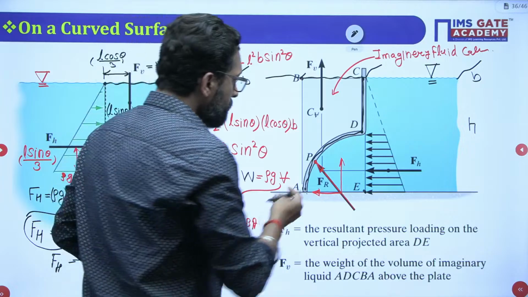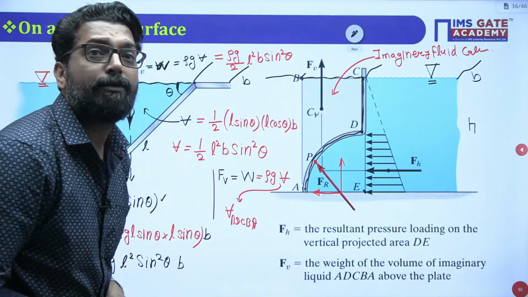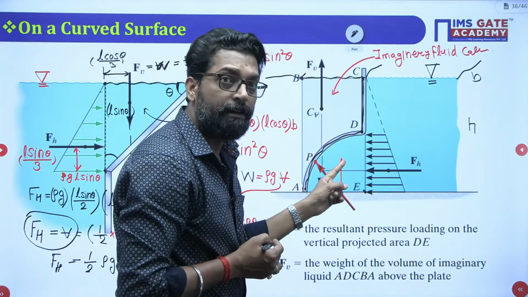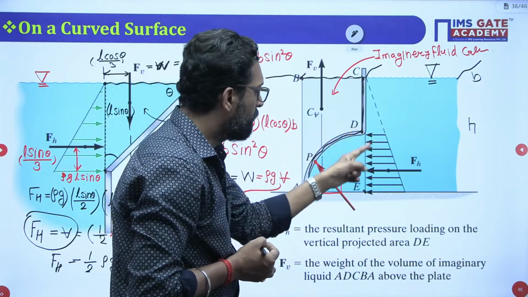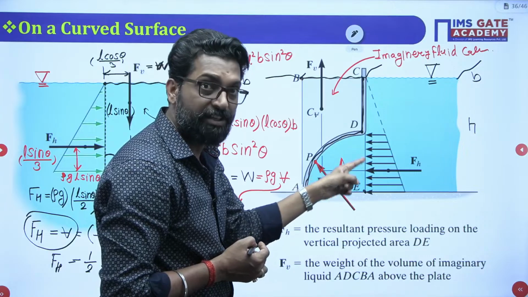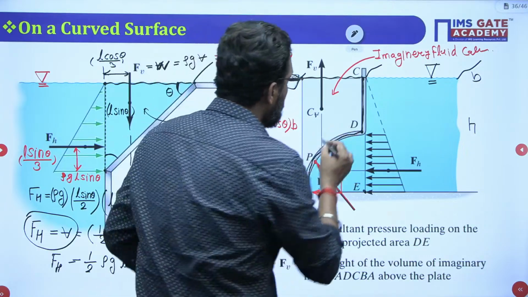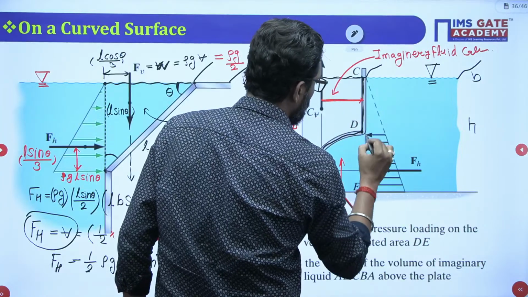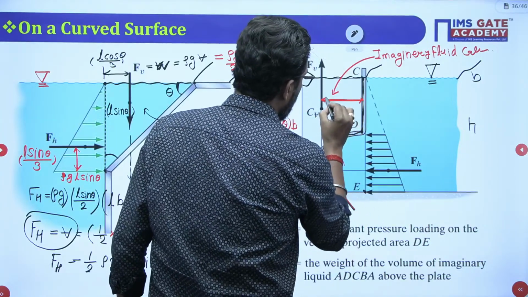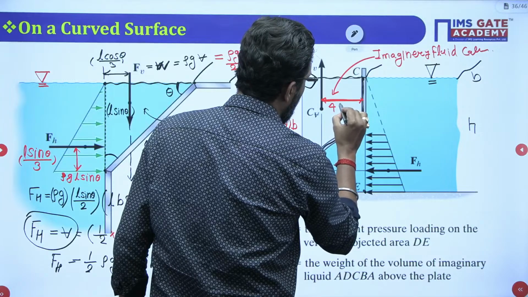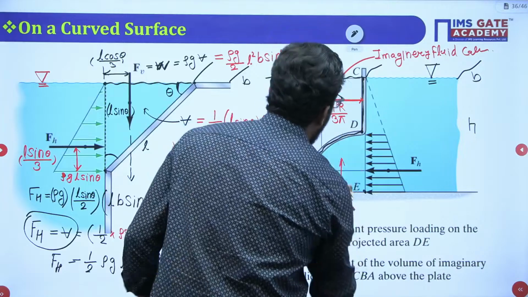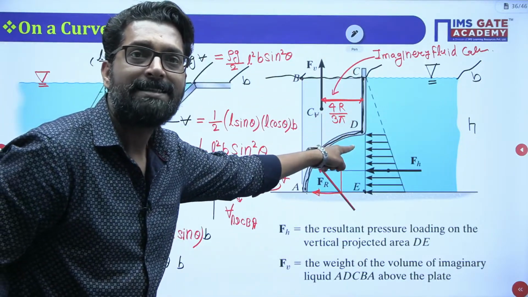Now, this vertical force, where will it pass? It will pass through the CG of this quarter circle. What is the CG of the circle, beta? We know that from the base, it will pass 4r by 3 pi.